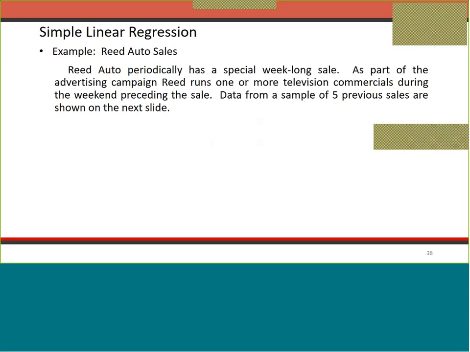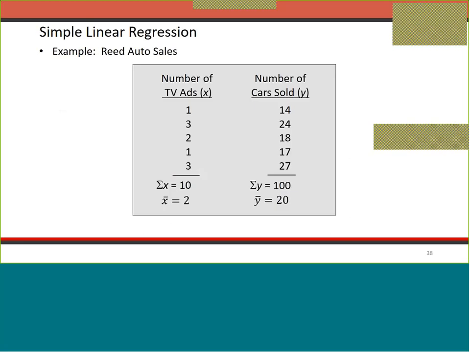As part of the advertising campaign, Reed runs one or more television commercials during the weekend preceding the sale. It means the question says that if you campaign rigorously, maybe more cars will be sold. Yes or no? That's why the number of TV ads is independent and the number of cars sold always depends on the number of TV ads only.